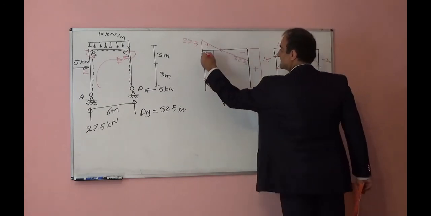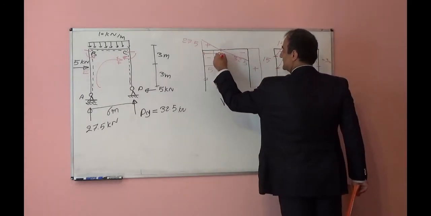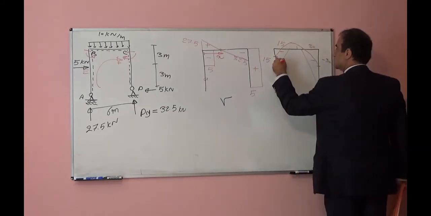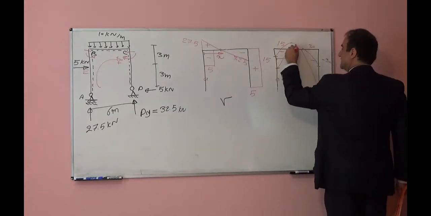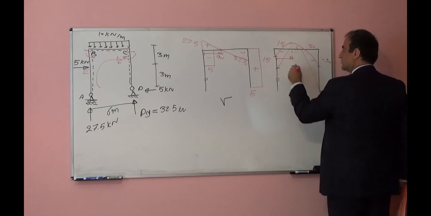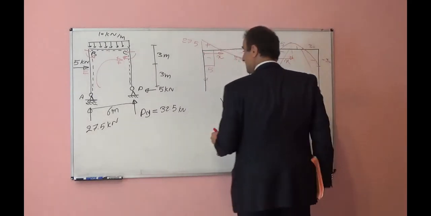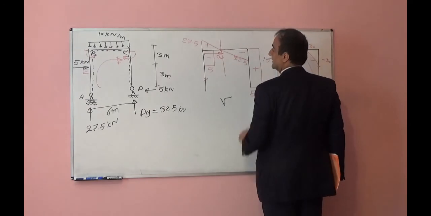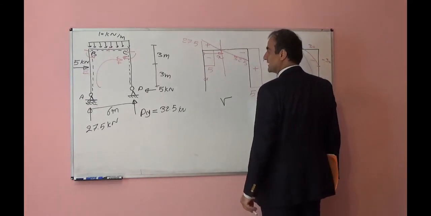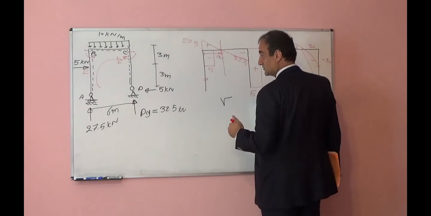So exactly in this location, which you can find at the X location, this moment will reach the maximum. And that X you can find, it is easy. You can cut this frame here and find the shear force and put that shear force equal to 0.